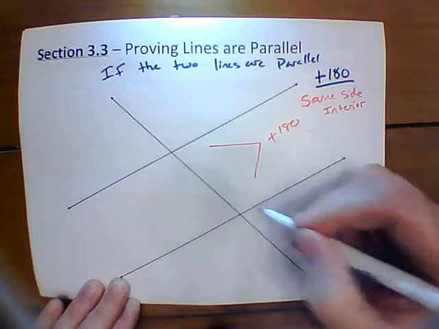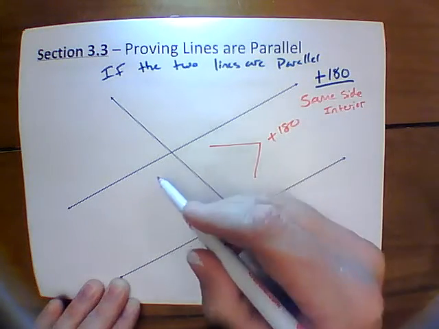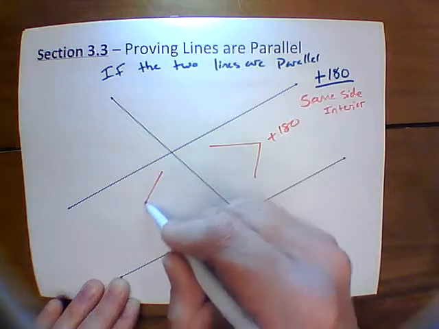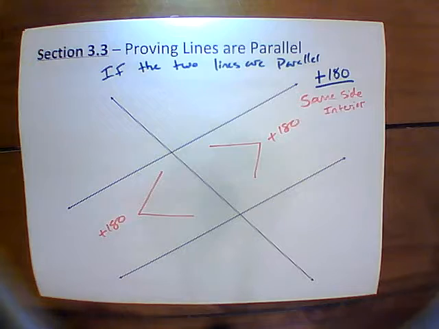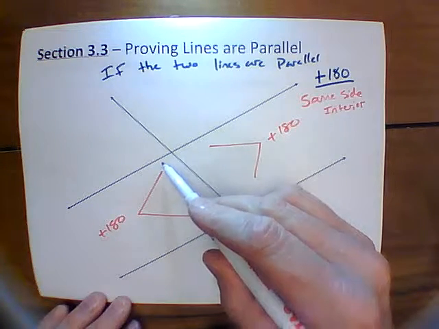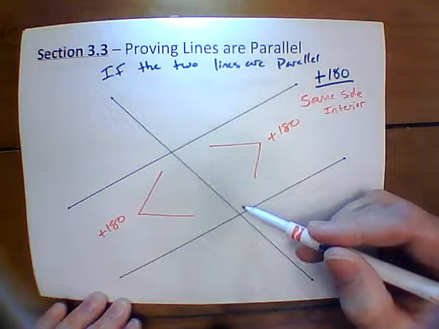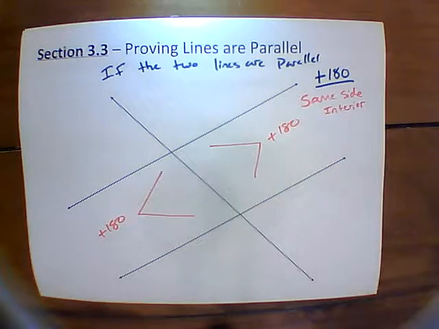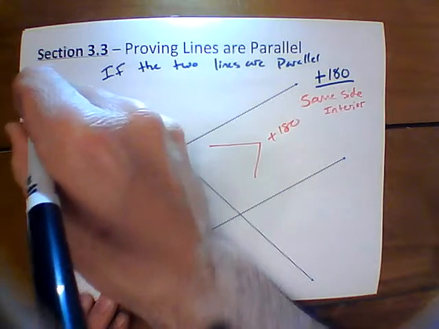So this angle and that angle add up to 180, or they are supplementary. Also, the angles on this side, which are same side interior angles, will add up to 180, or they are supplementary. So let's say this angle is 110, then that angle is going to be 70. If this angle is 120, then that angle is going to be 60, because they're going to add to 180. So that is our only supplementary angle postulate.